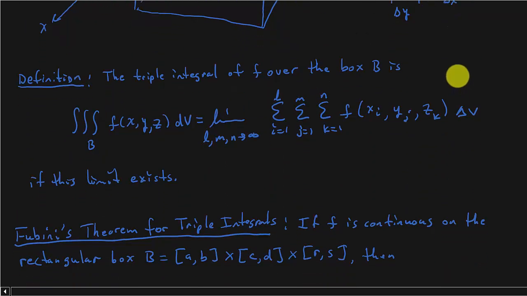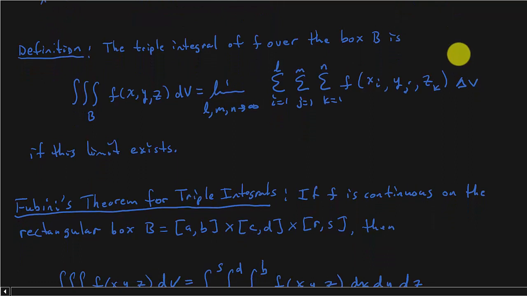So we have a definition here. It says the triple integral of f over the box B, the triple integral over the box B of f of x, y, z dV, is the limit as L, M, and N go to infinity of the sum of f of x_i, y_j, z_k times delta V, if this limit exists.